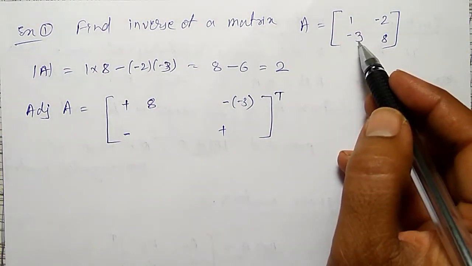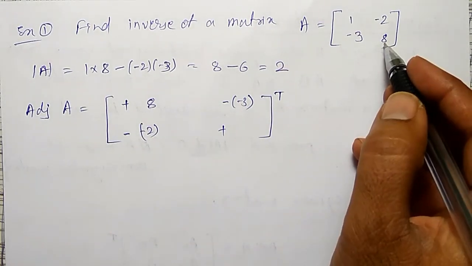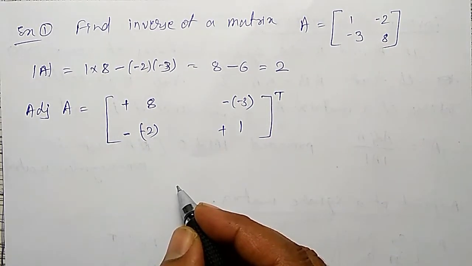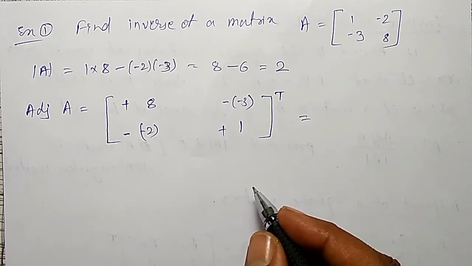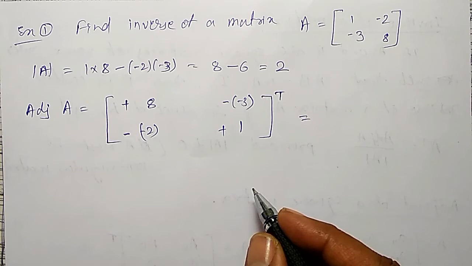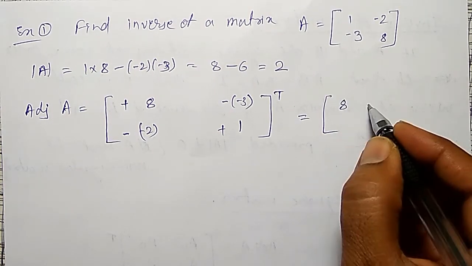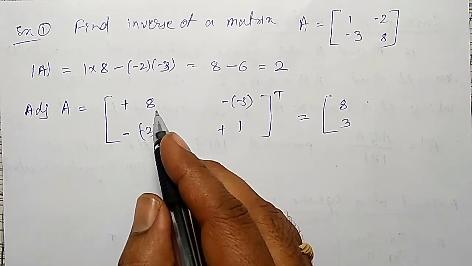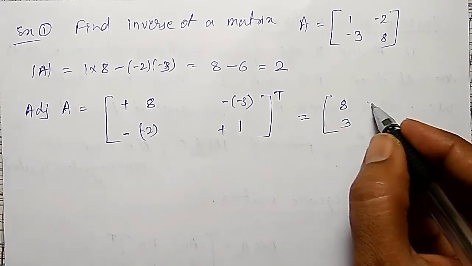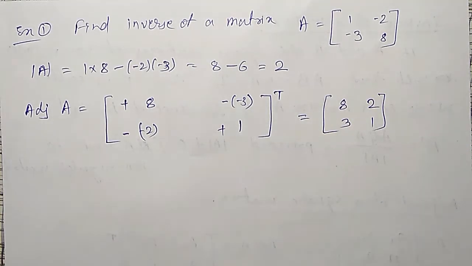The minor of minus 3 is minus 2, and for 8 it is 1. Therefore the adjoint, after taking the transpose, will become 8, 2, 3, 1. This is the adjoint of matrix A.